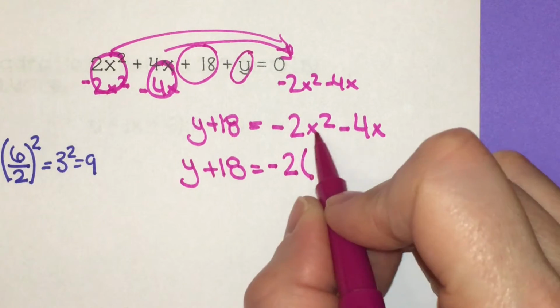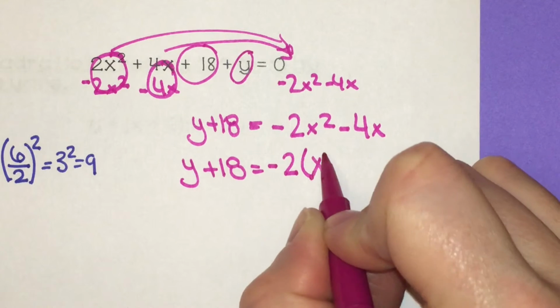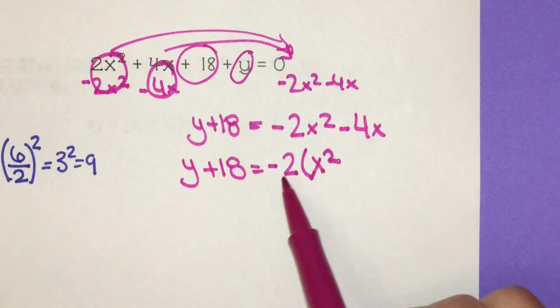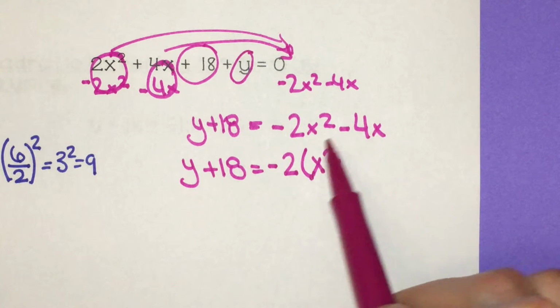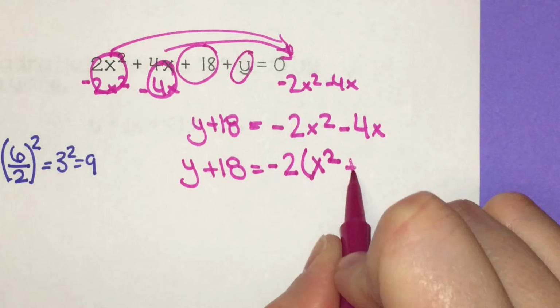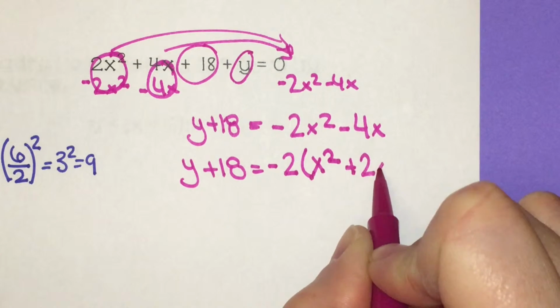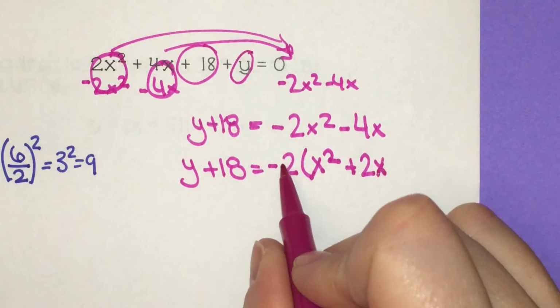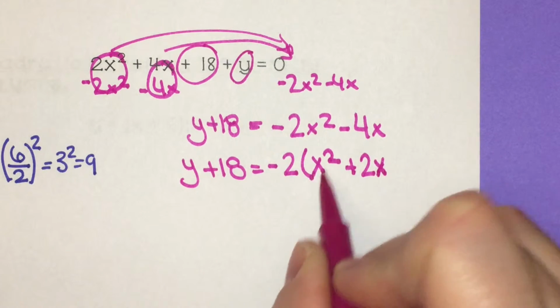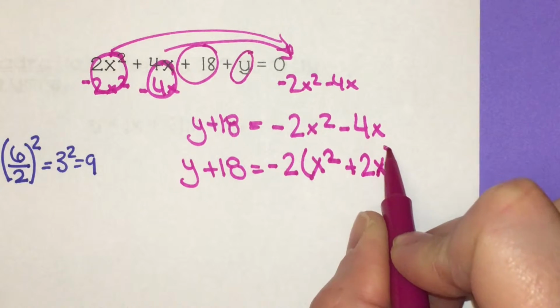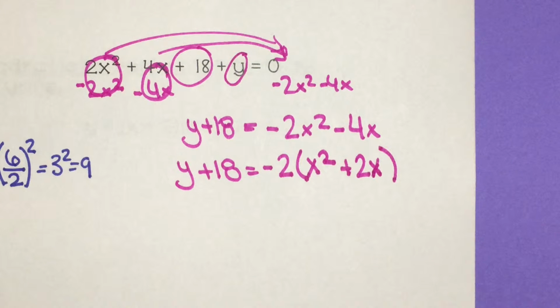Negative 2x squared divided by negative 2 is just x squared. Negative 4x divided by negative 2 is positive 2x. So all I did was divide everything by the negative 2 to see what was left over inside my parentheses.